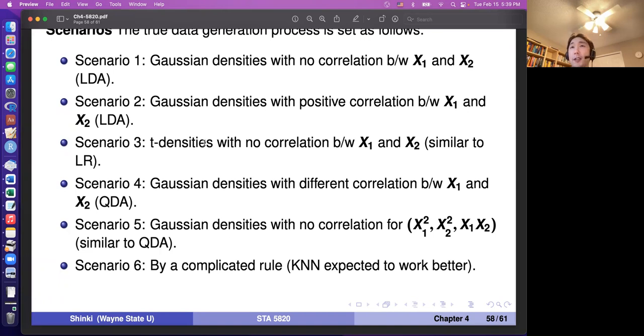Remember the Gaussian density: exponential of negative x squared is basically the base of it. But for logistic regression, the tail part is approximated by exponential of negative x, or maybe exponential of negative absolute value of x. So it has a slightly heavier tail, closer to the T distribution. So basically there are more outliers in scenario 3. And the Gaussian distribution is light-tailed.